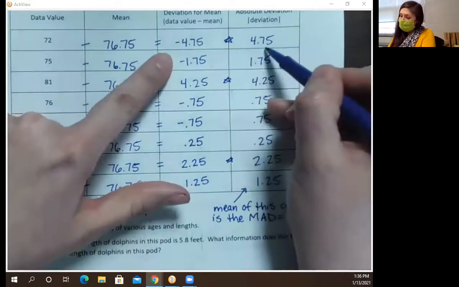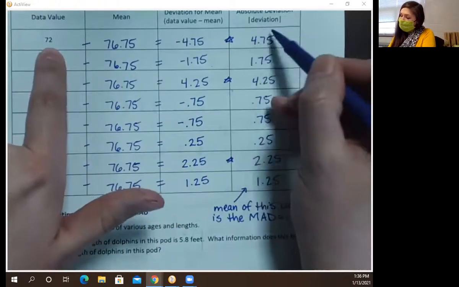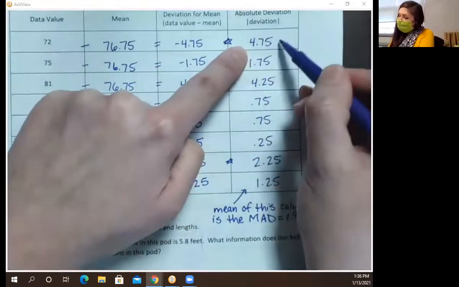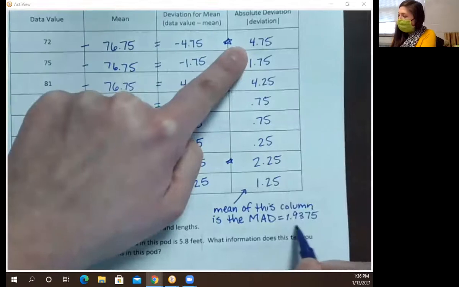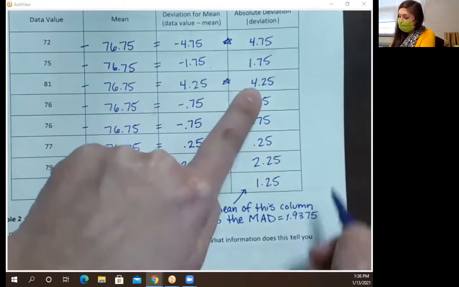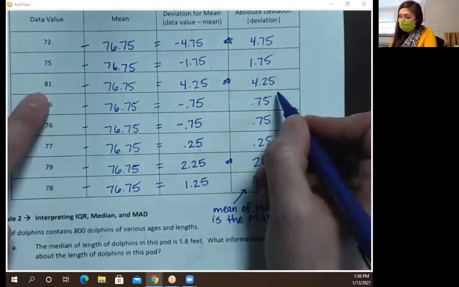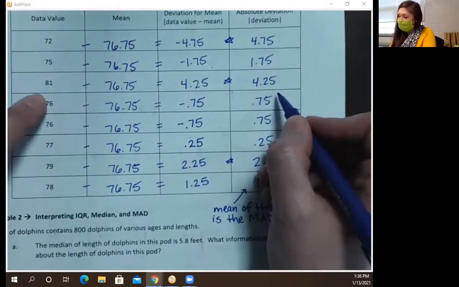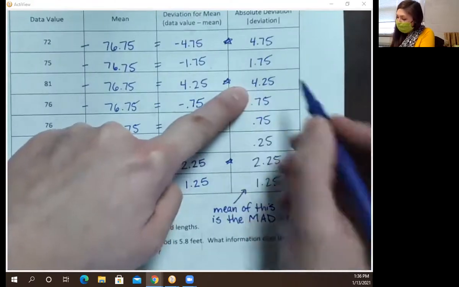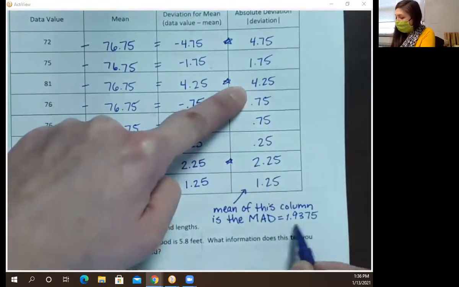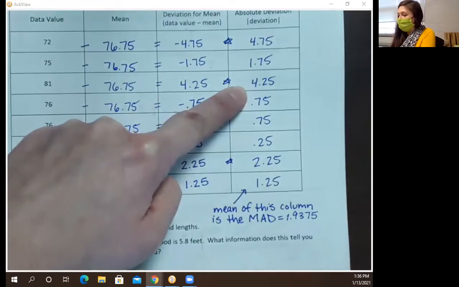So I want you to notice that for our first value, 72, this deviation is more than twice that average. And the same thing for our deviation for 81, our lowest value and our highest value here. Its deviation is more than twice that average deviation that we found.